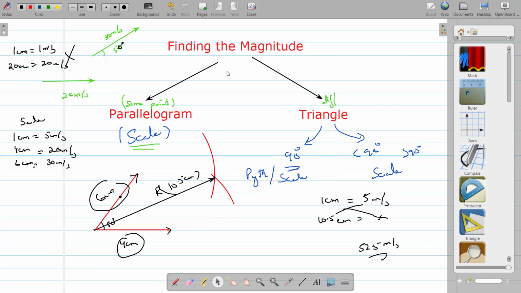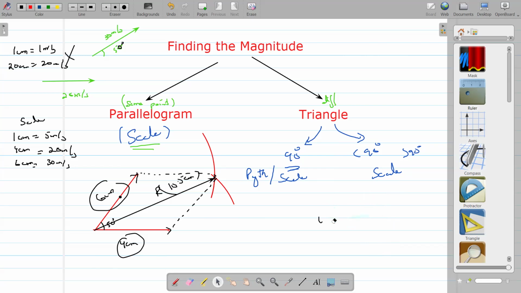And we just complete the diagram. We'll complete a parallelogram. So using your scale or a ruler, you join those points and it will complete a parallelogram. So in a parallelogram, what we do, we consider two sides as two vectors at the sides of the parallelogram, and we complete the vectors accordingly.